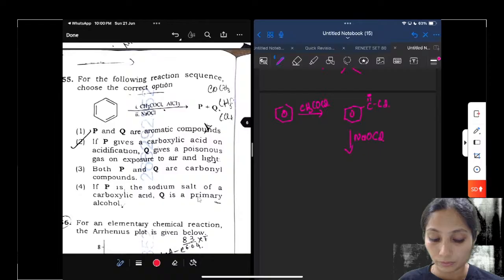So now let's go to the options. What is given there? P and Q are aromatic compounds. This is wrong. P gives carboxylic acid on acidification. Yes, this gives carboxylic acid on acidification.